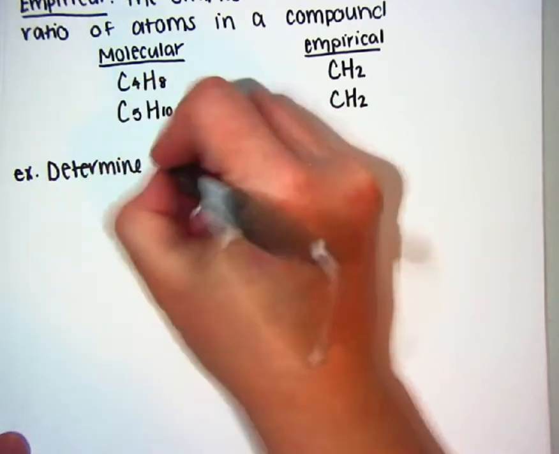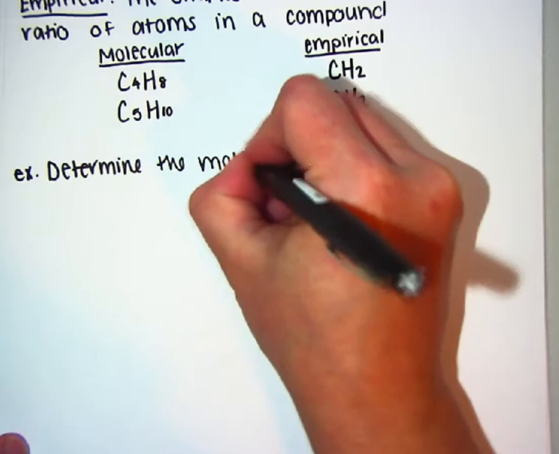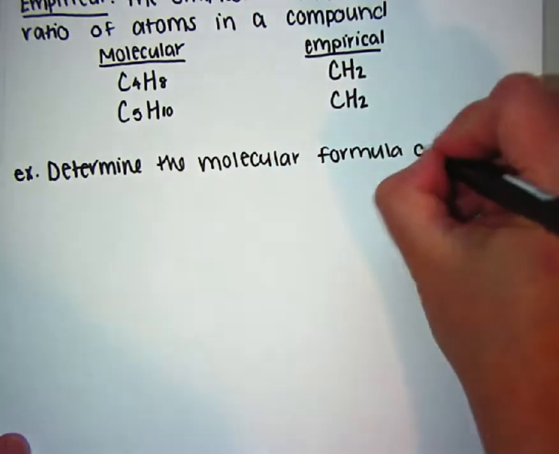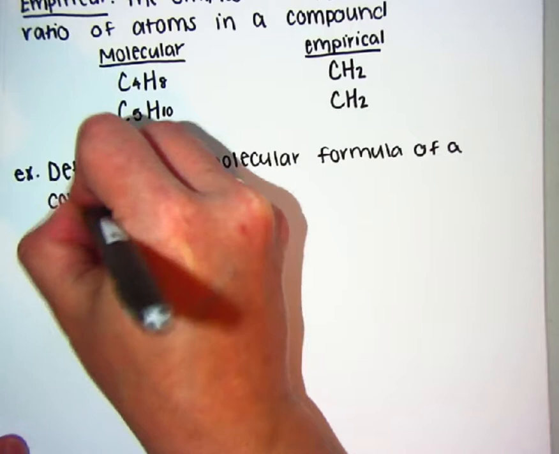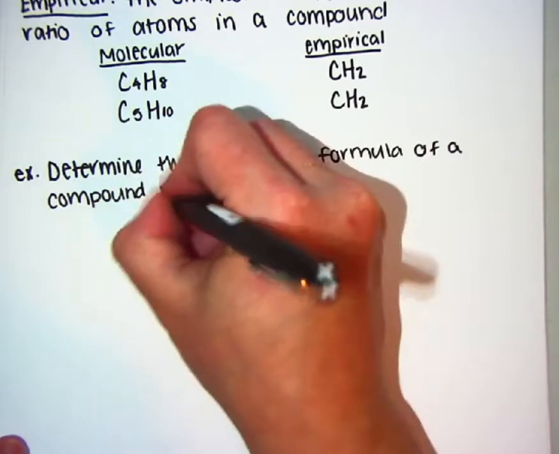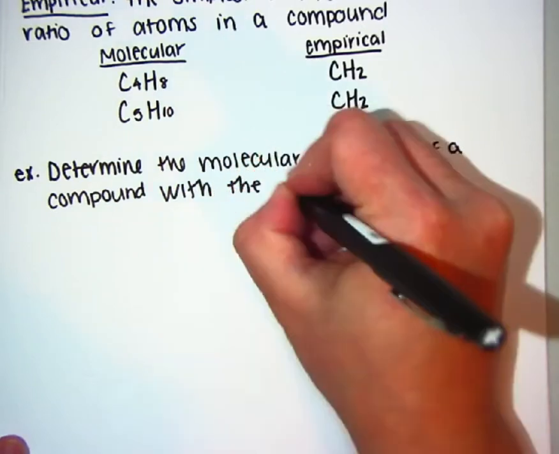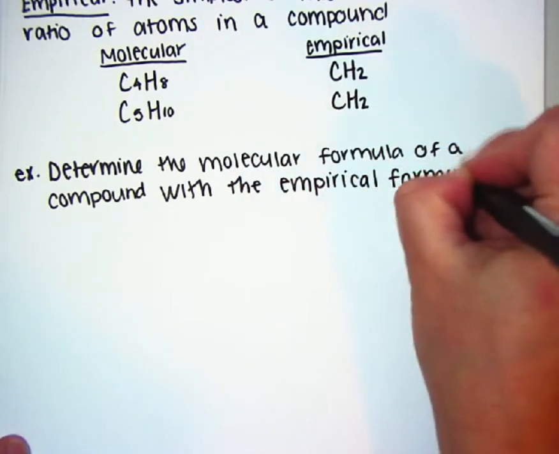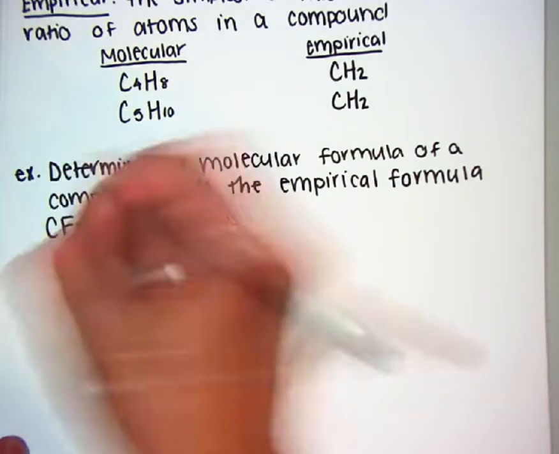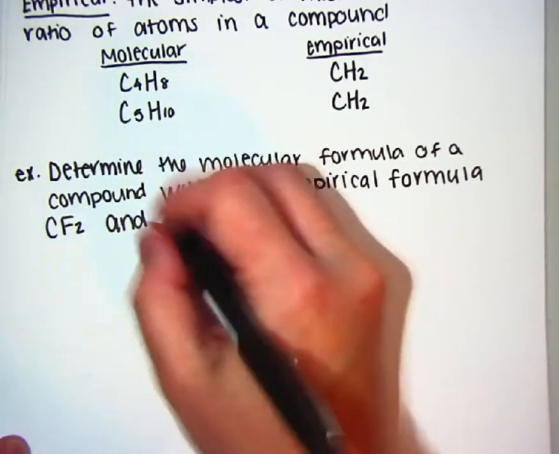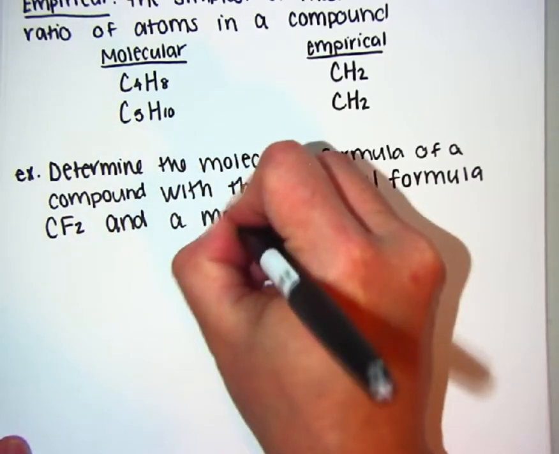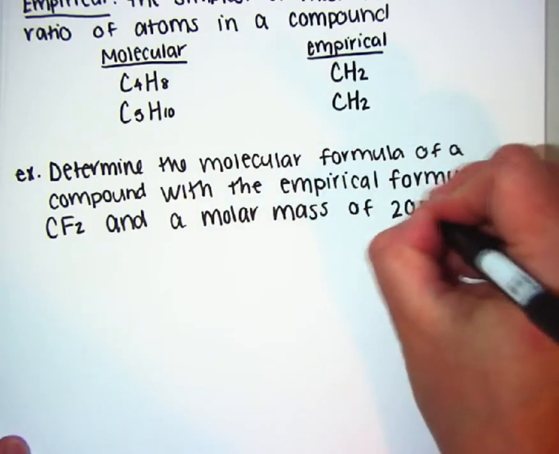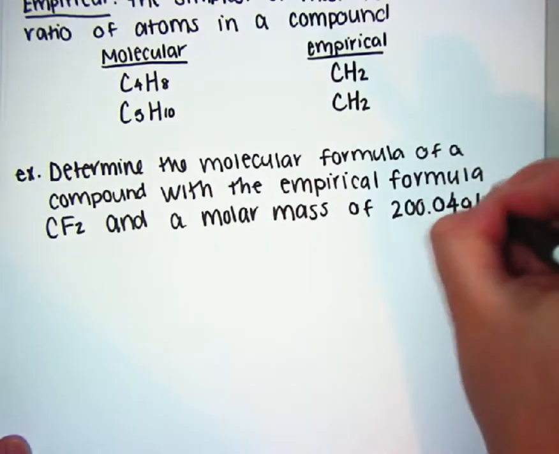Let's say you are asked to determine the molecular formula of a compound given the empirical formula and the molecular formula has a molar mass of 200.04 grams per mole.